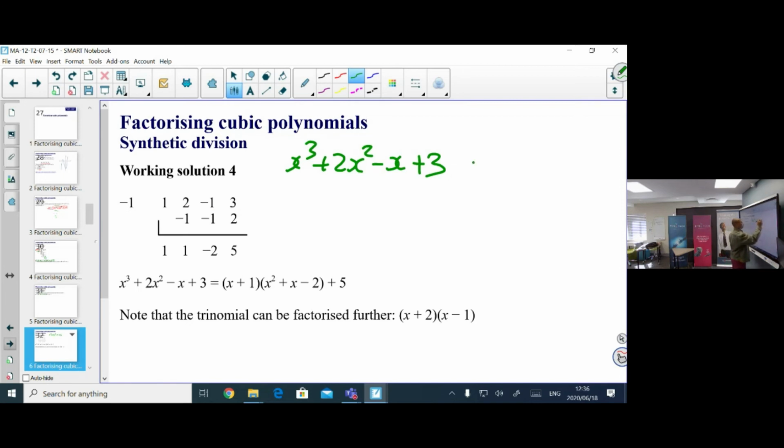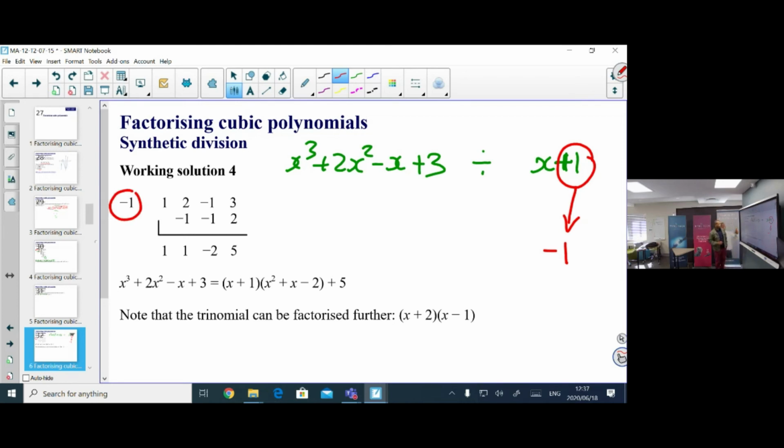So remember, we are dividing it by x plus 1. So with the synthetic method, which I find many learners are able to use, if you want to use a shortcut rather than the long division, you would look into this and take the opposite or the inverse of this, which will be minus 1. So you take that minus 1, you put it here.